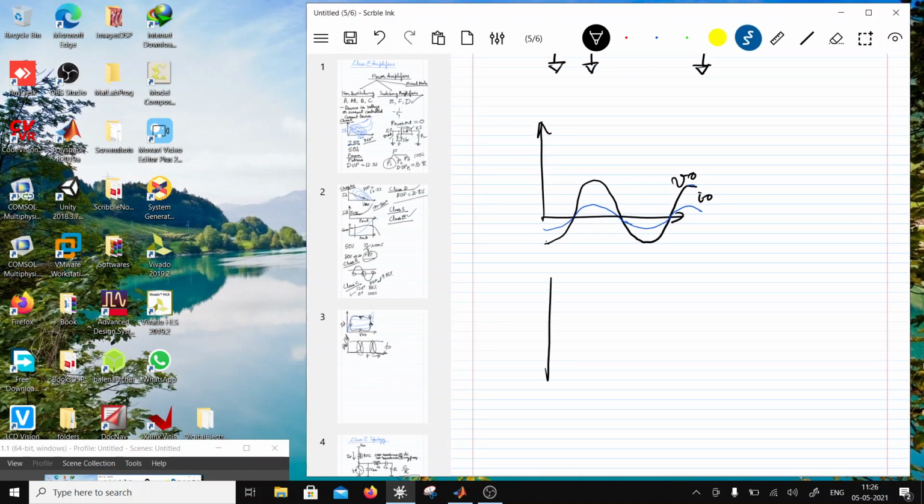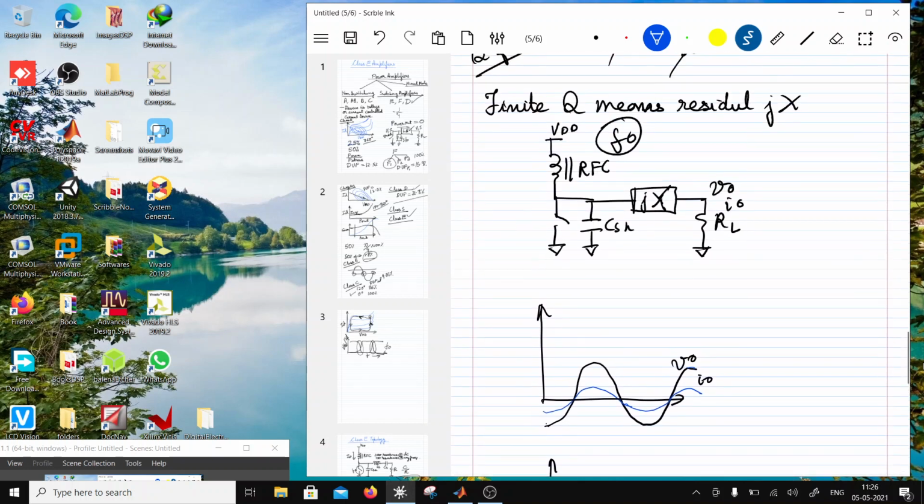Bear with my drawing, it's not so good. When we do a Matlab it will be better. So these are current. Okay, so this is IO.